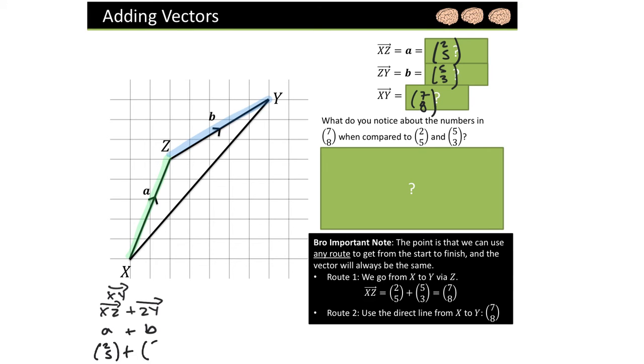What is B? 5, 3. If I add them, so if I add the x, 2 plus 5 is 7, and 5 plus 3 is 8. That is exactly the same as us counting squares. This just proves that we can add vectors in this way. Because when we deal with vectors in a moment, we're not going to have this grid.